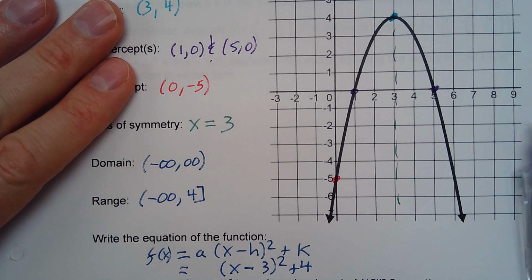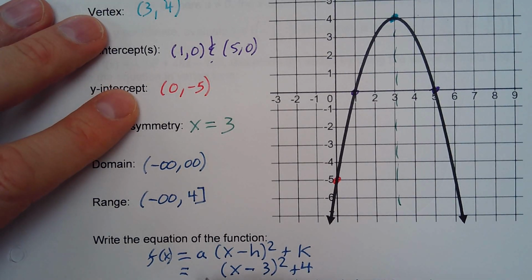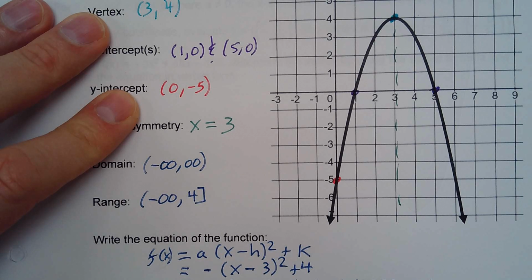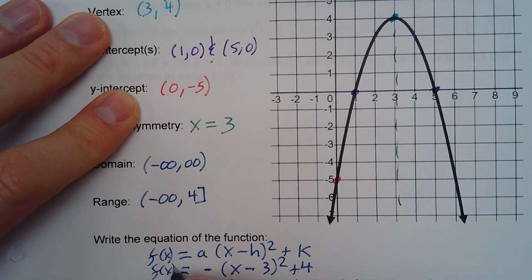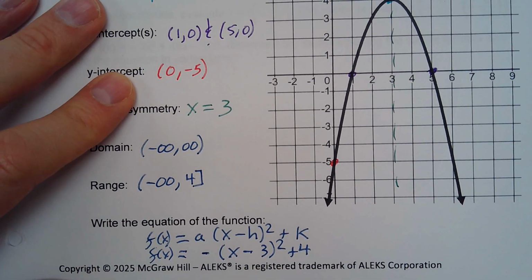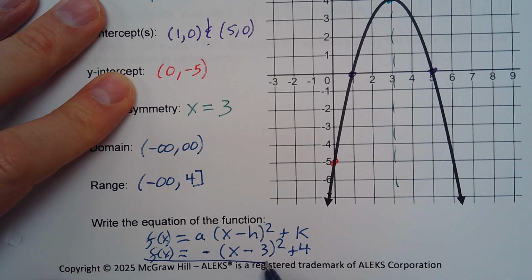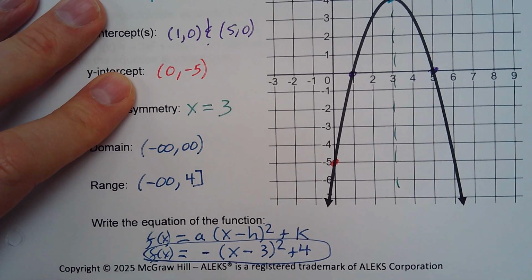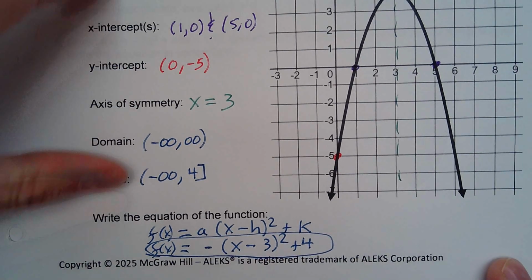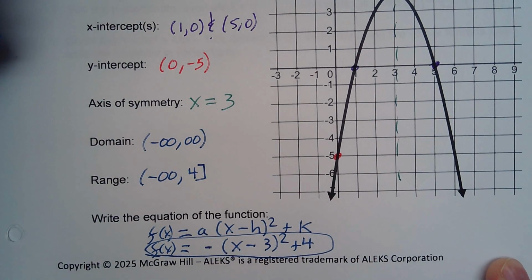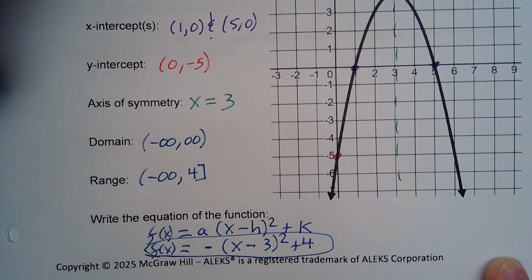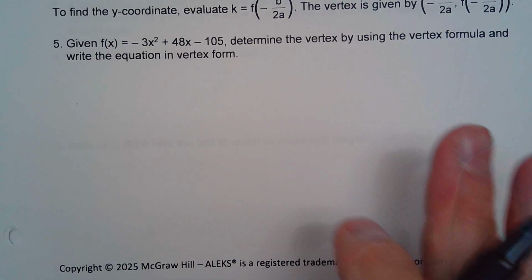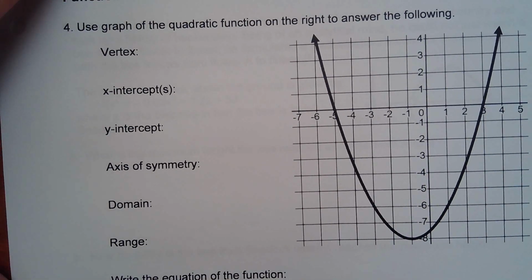Since we have a reflection, that means a has to be negative. And so this would be our function. All right, let's turn the page. Let's go do this next example.